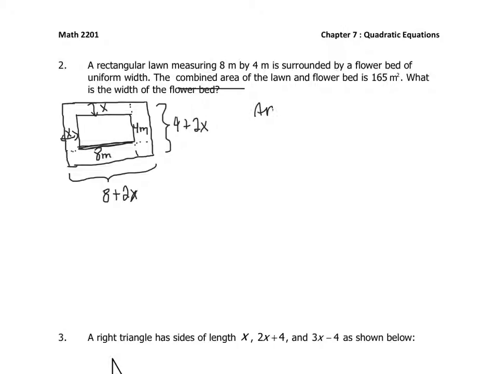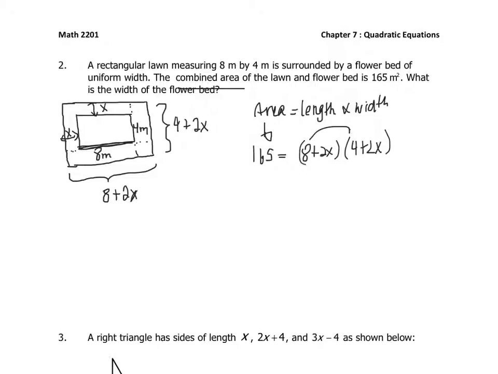So your area is length times width, and we know the area is 165, the length is 8 plus 2x, and the width is 4 plus 2x. So there's our equation. All we have to do now is simplify it and solve it.